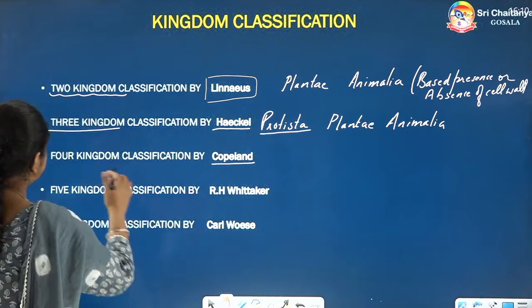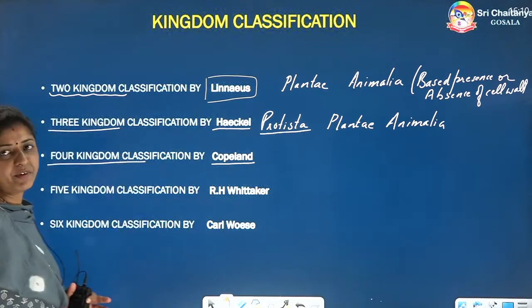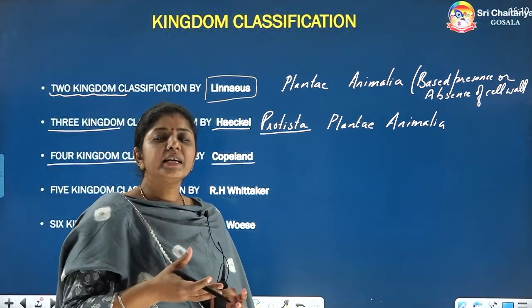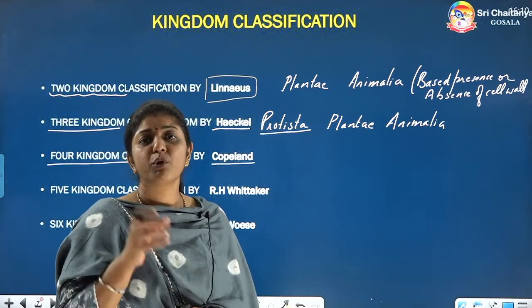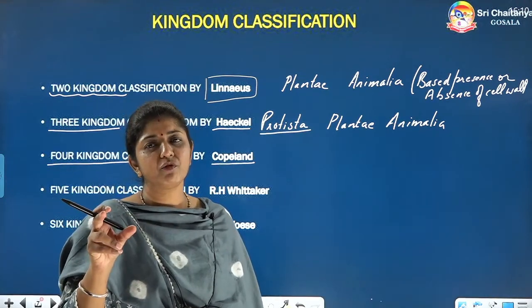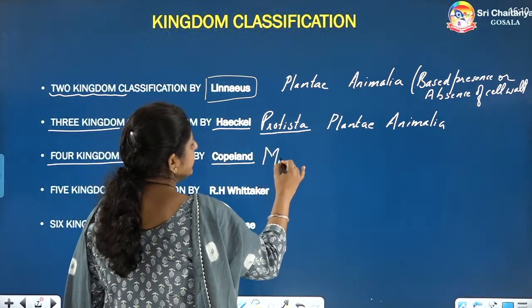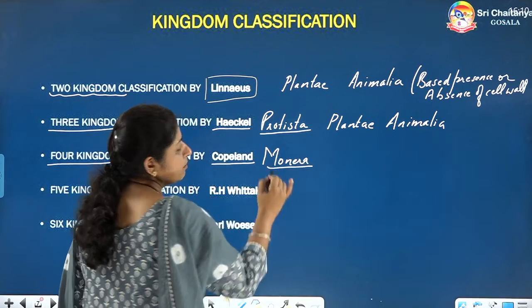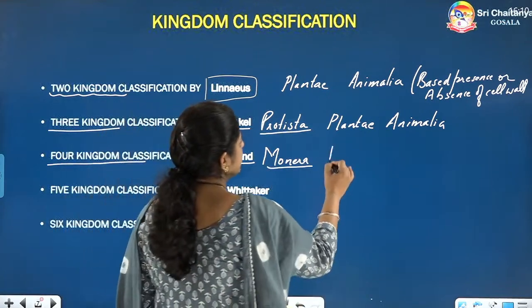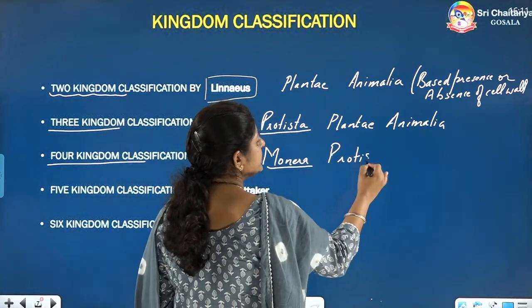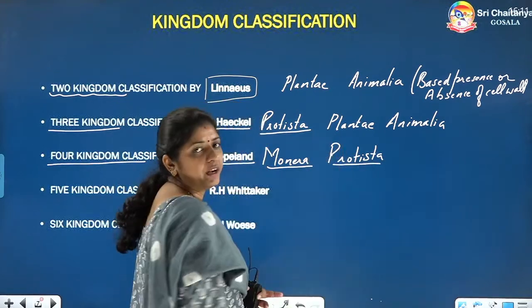Then coming to the next scientist, Copeland. He had given, obviously, the four kingdom classification. Then we discussed in the chapter Cell the Unit of Life, prokaryotes must be separated from the eukaryotes. So on that basis the Monera has been developed. What is the one kingdom here? Monera. Then after that protista is including unicellular, but they were eukaryotes, right?